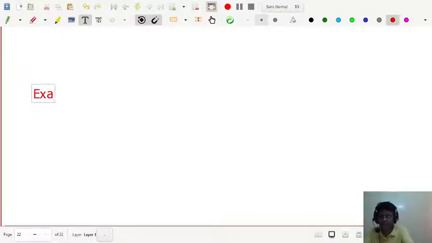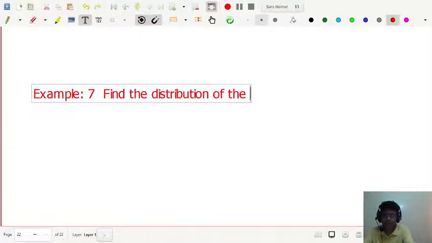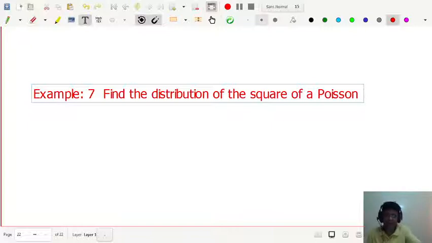Example 7. Find the distribution of the square of a Poisson mu variate.